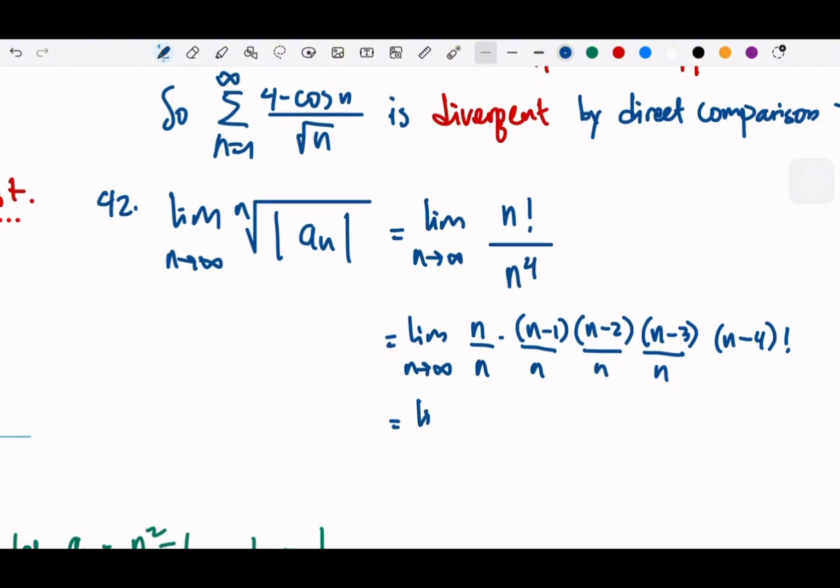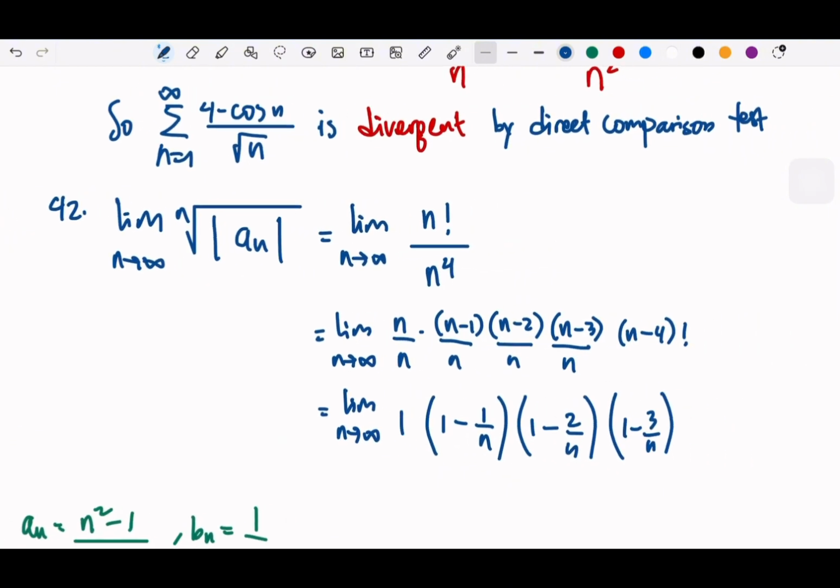So we can also write this as 1, this will be 1 minus 1 over n, this will be 1 minus 2 over n, this will be 1 minus 3 over n. And then you see that it's always increasing. We only get the convergent value here, but at the end, this will be increasing much higher, same with our argument that the factorial is much higher.